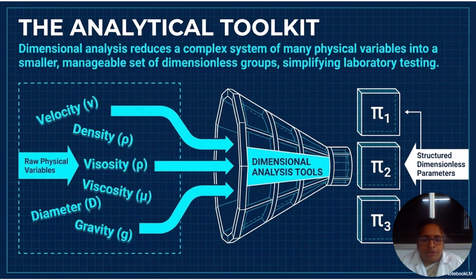For example, in the figure, though we have many raw physical variables such as velocity, density, viscosity, diameter, initial velocity, final velocity and acceleration due to gravity, all these parameters, by going through dimensional analysis tools, can be expressed in terms of simple structured dimensionless parameters, so that we can easily develop prototypes and models.